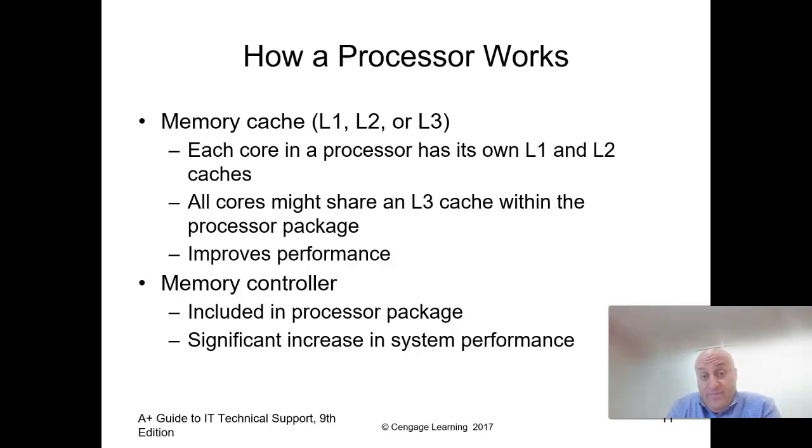All cores may share another location 3 cache memory, which provides some extra memory to improve performance. The memory controller is included in the processor package. When you send data to processing, this data could be part of the application. We're going to explain this in following lectures.